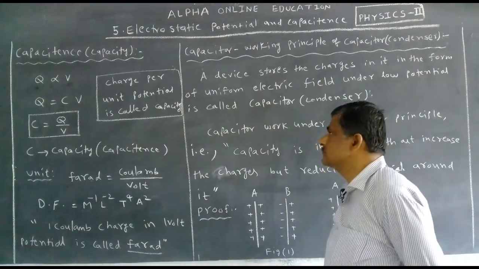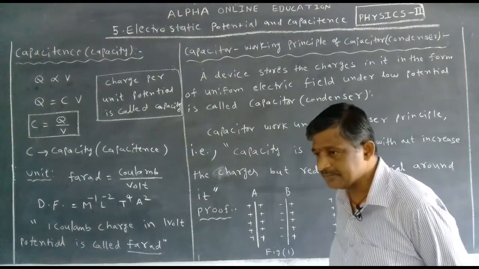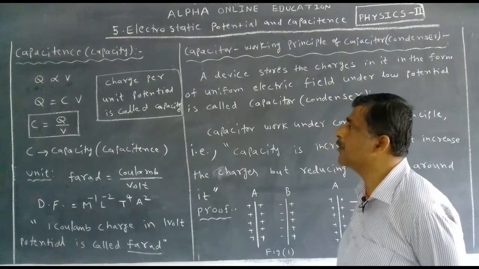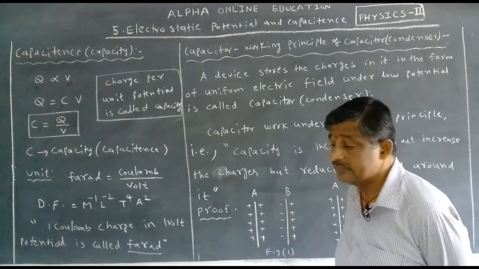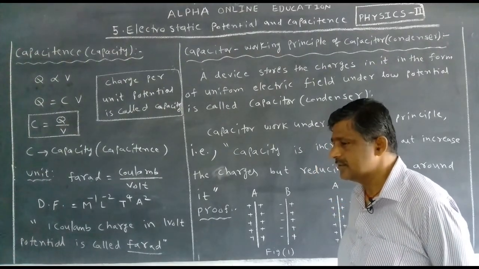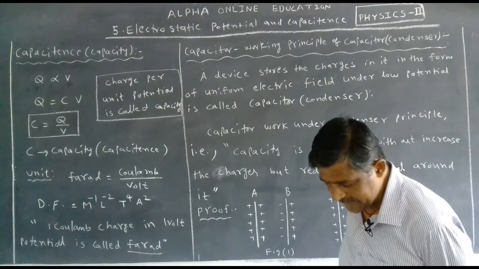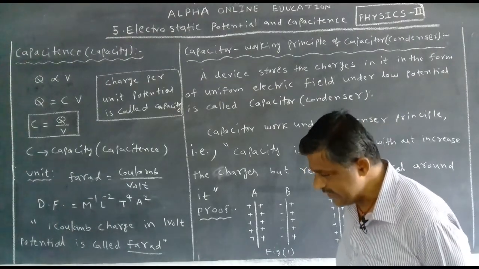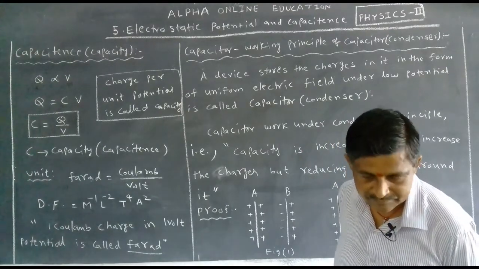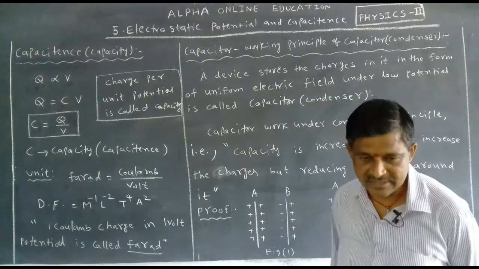Now capacity is a property. Which object has the capacity? Which body has the capacity? It is called a capacitor, otherwise a condenser.